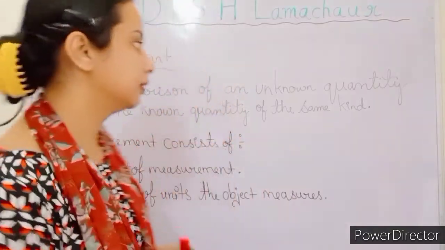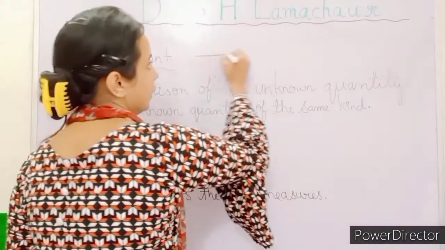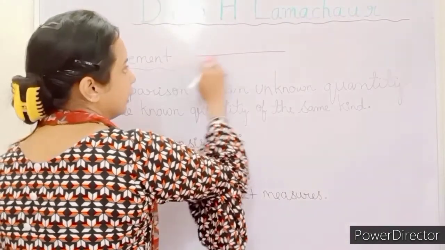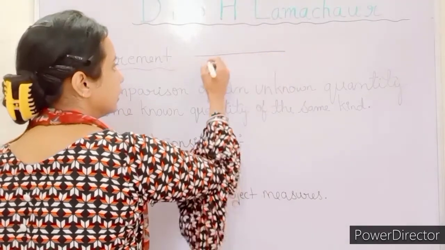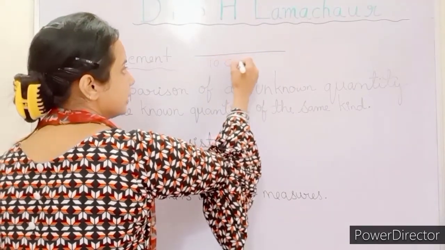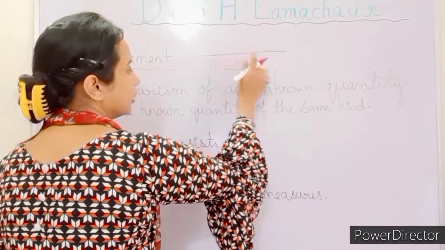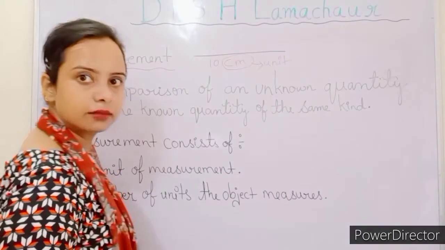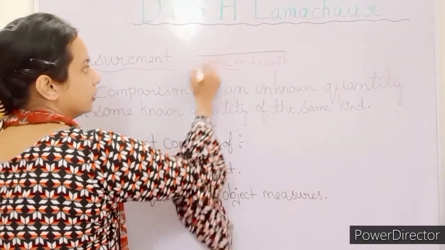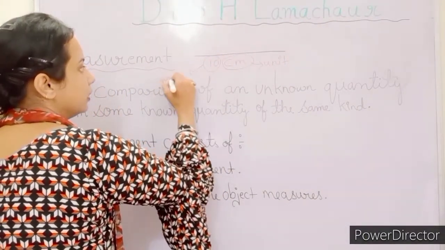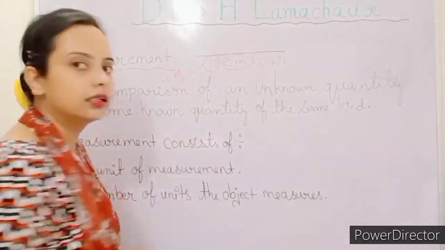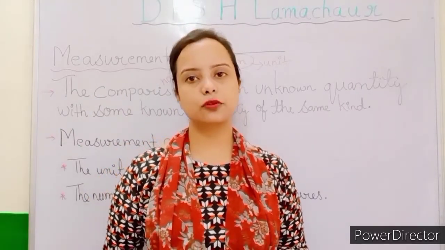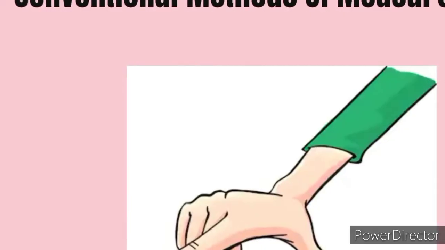For example, let's assume that the length of this line is 10 centimeter. So centimeter here is the unit of measurement, and 10 is the number of the measurement. Now let's move to our next topic.